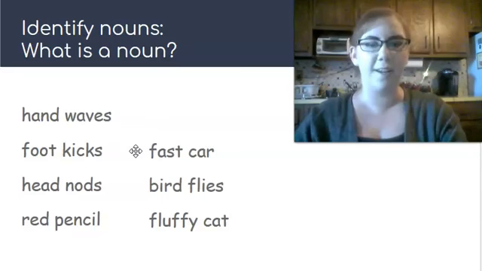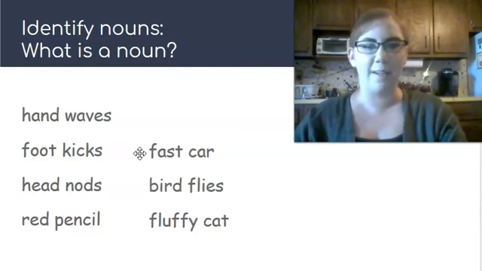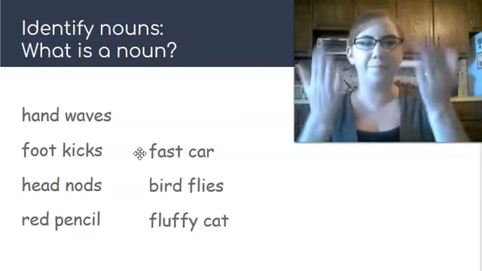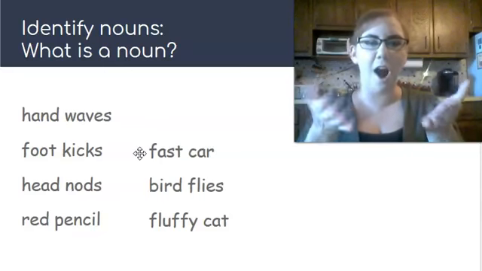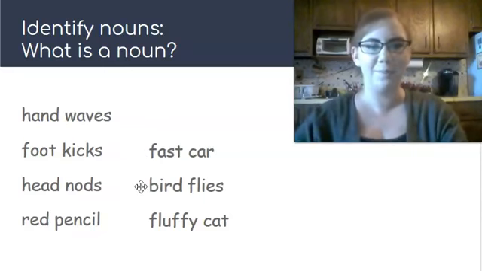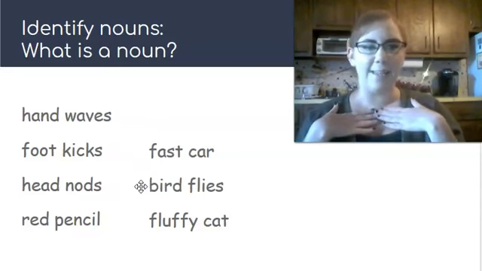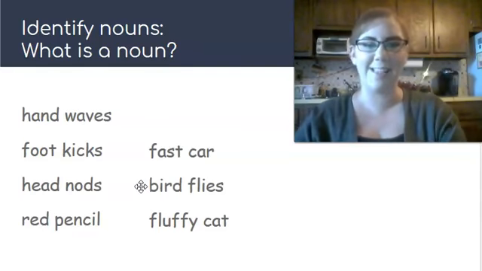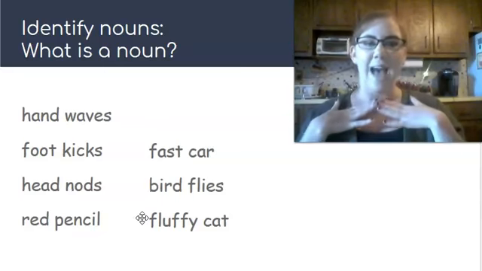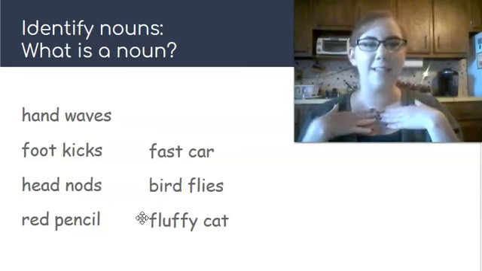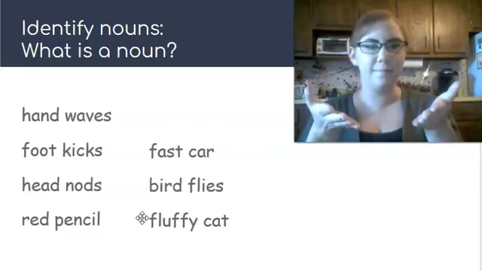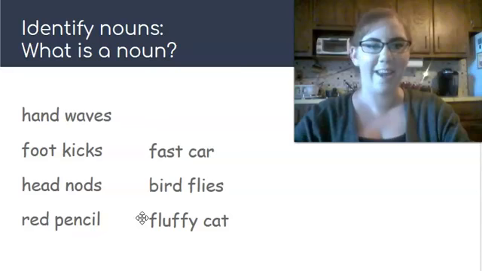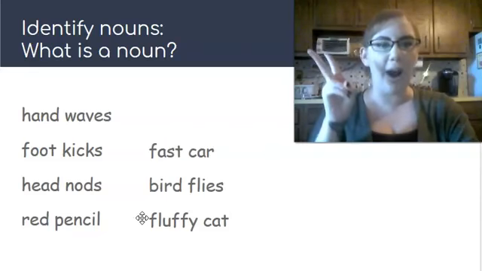And we're talking about words that are nouns. Next one, fast car. Car is a thing or a noun. Bird flies. Bird is a thing. Last one, fluffy cat. A cat is a thing. Now remember, a noun is something that names a person or a thing.